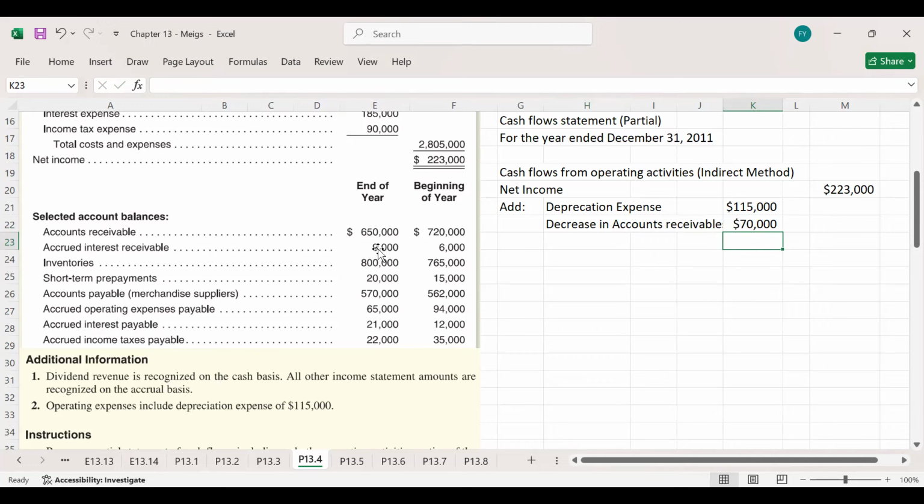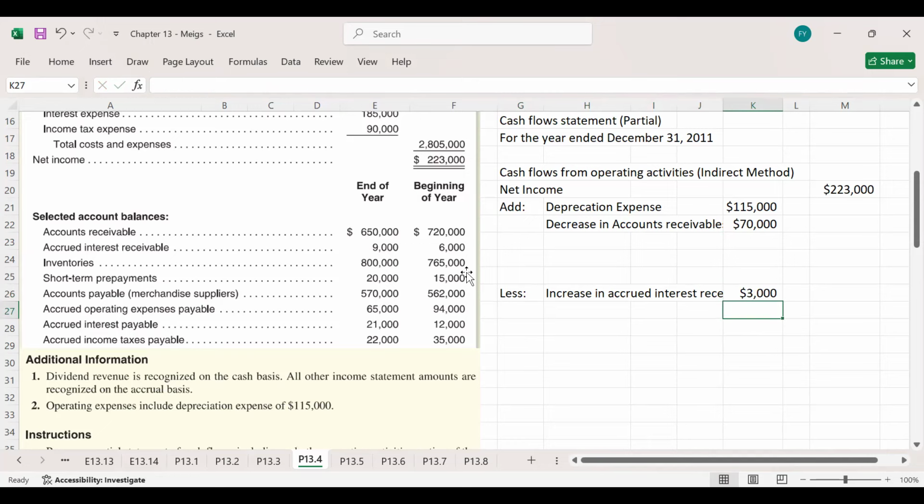So if there's an increase in current assets, this means that cash will be decreased. So we are going to deduct it, the increase in accrued interest receivable, which is 3,000. So we are presenting it here, 3,000.